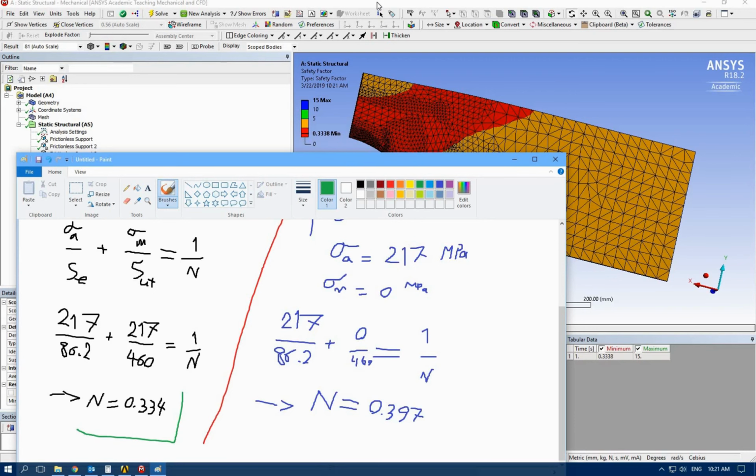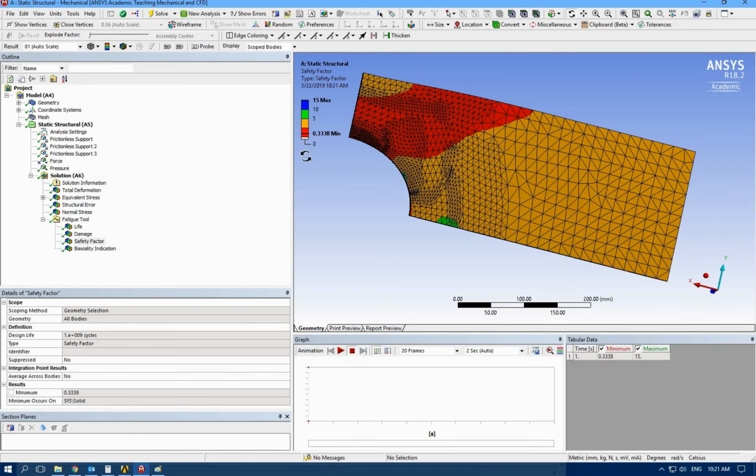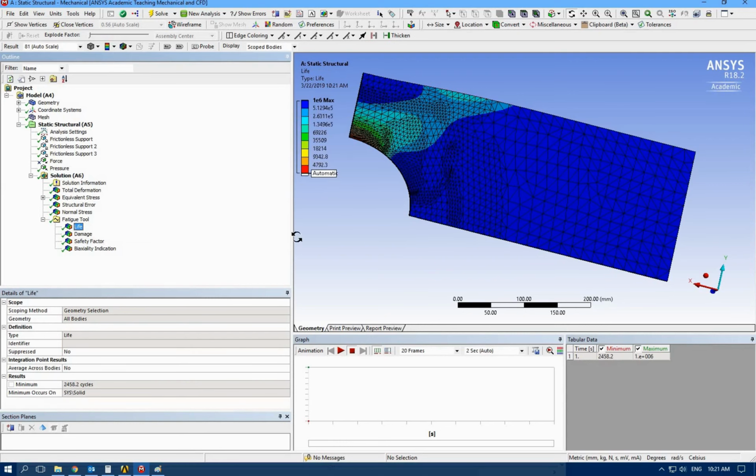So for the red area, we have lower safety factor, less than 1, which is going to tolerate 2,458 cycles, as you can see here.